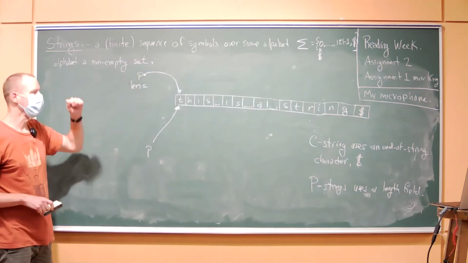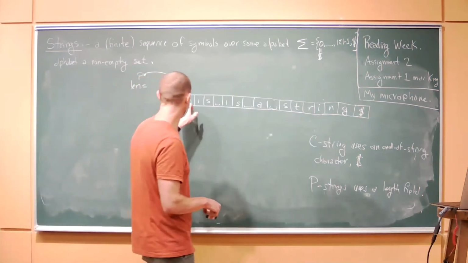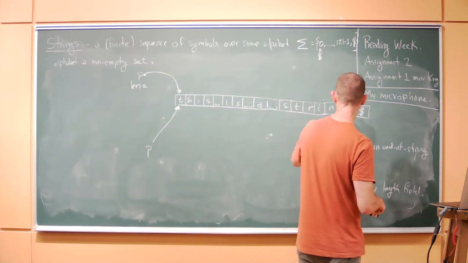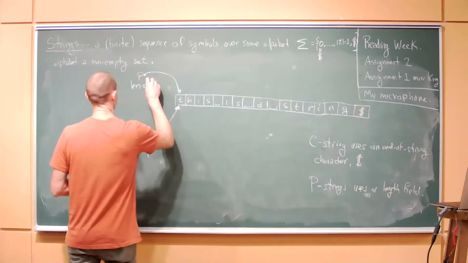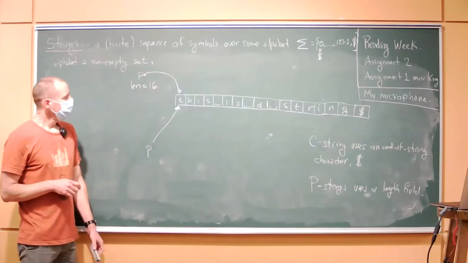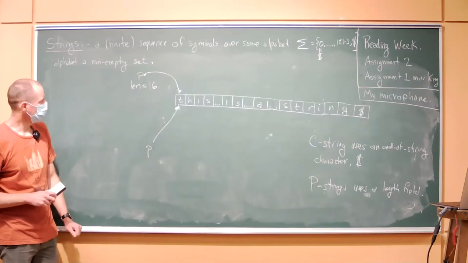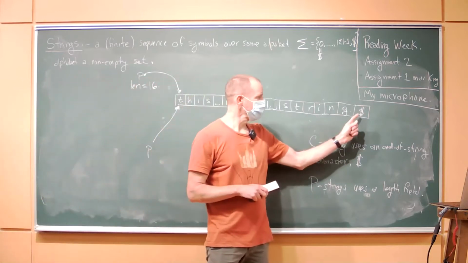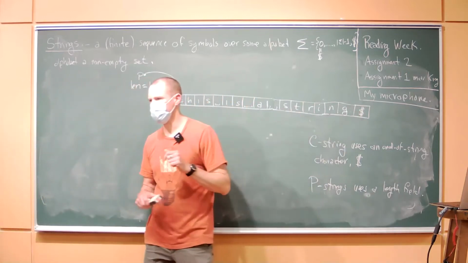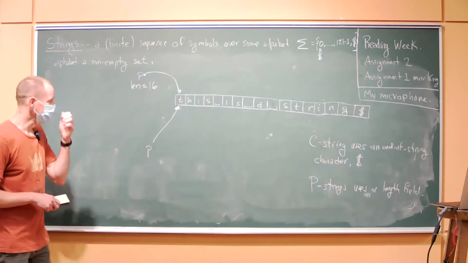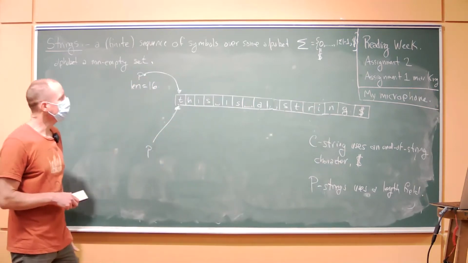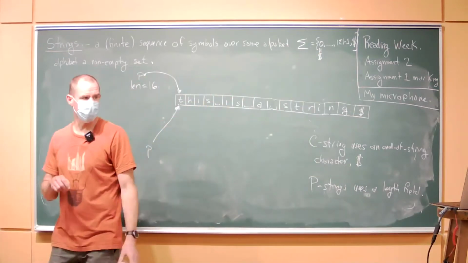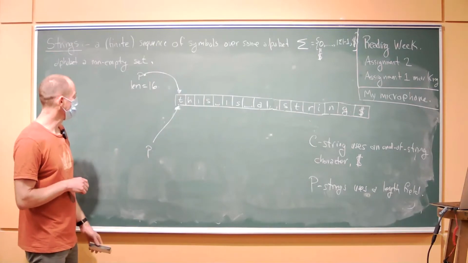It tells you the length of the string. In this case, the length is 1. And when you're storing the length explicitly like this, then you don't need a special terminator at the end. In fact, you don't need a special letter in your alphabet that's reserved for only being at the end of the string. You can use all the letters in your alphabet anywhere you want.